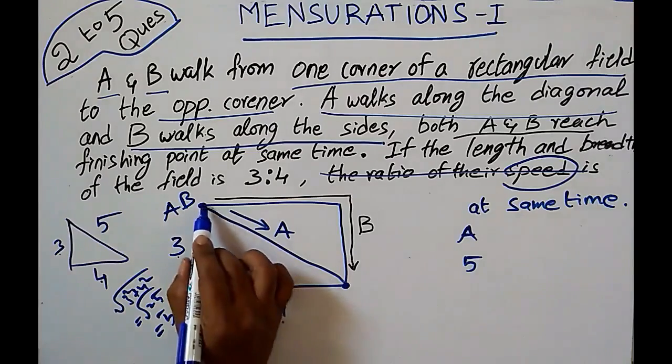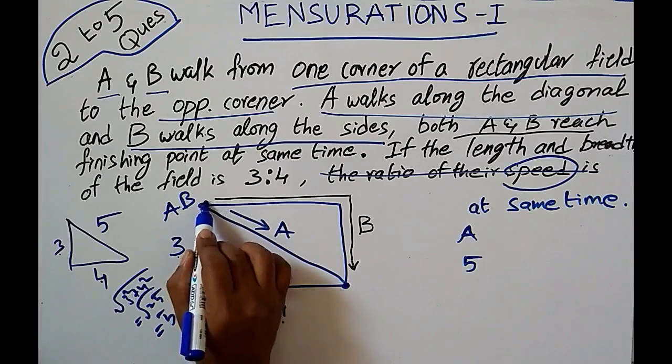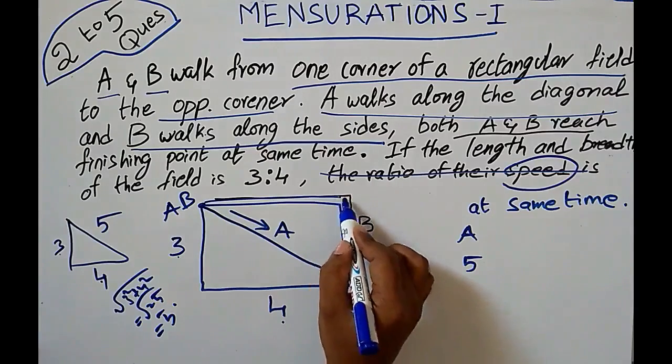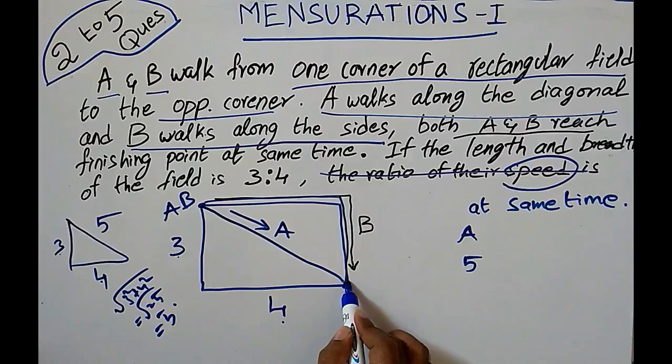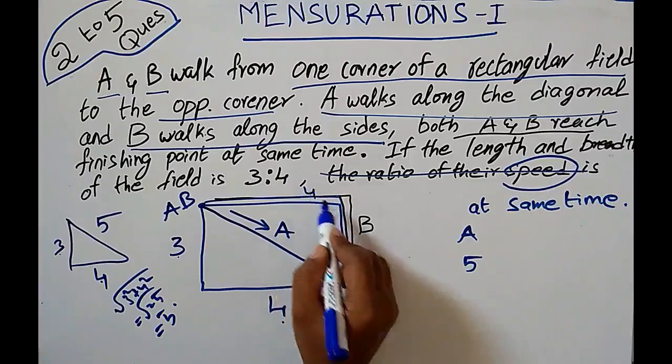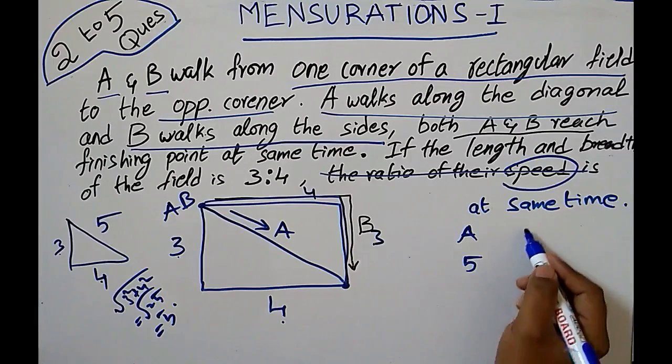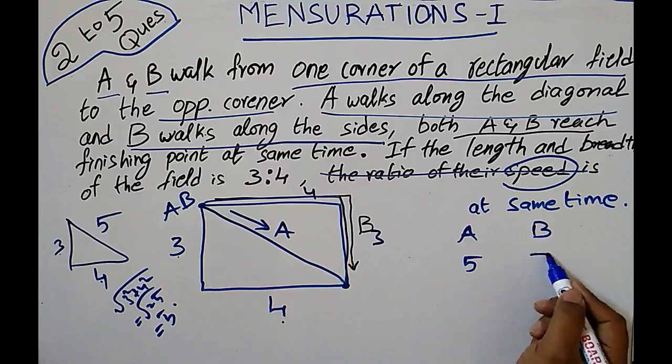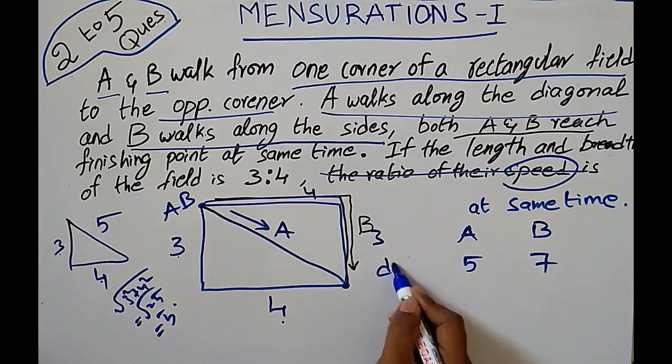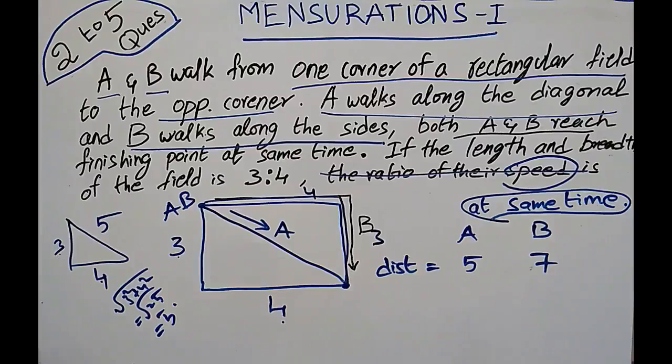What is the distance traveled by B? It travels 4 units here and another 3 units here. 4 plus 3 is 7. Here the distance traveled by A is 5 units and the distance traveled by B is 7 units in the same time.